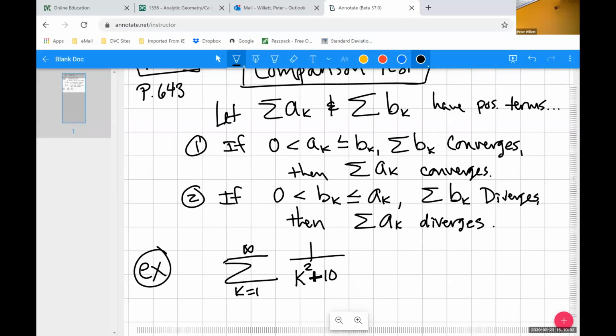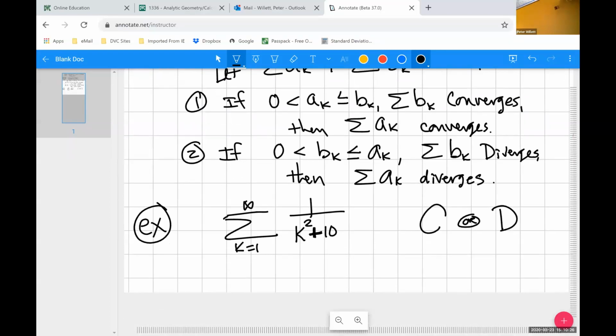So the whole thing about the comparison test is they're not going to give you both series. They're just going to give you, like every other problem, some series that you're looking at, and you're basically tasked to find out converge or diverge. And you're just looking at it.